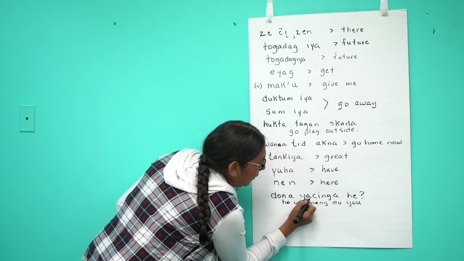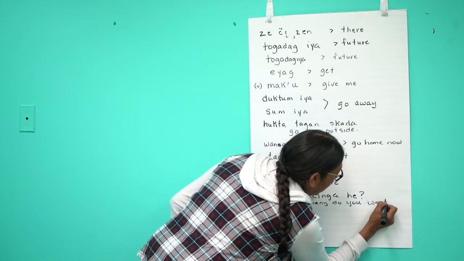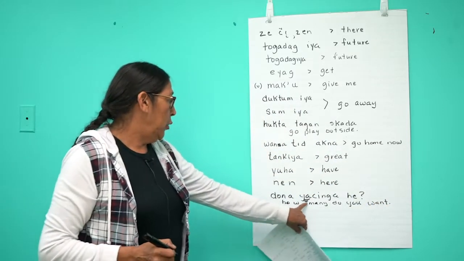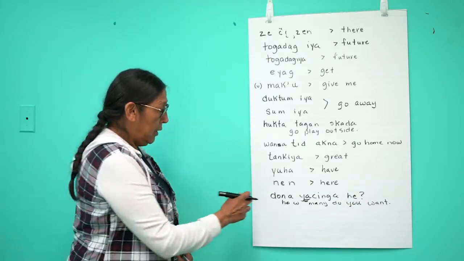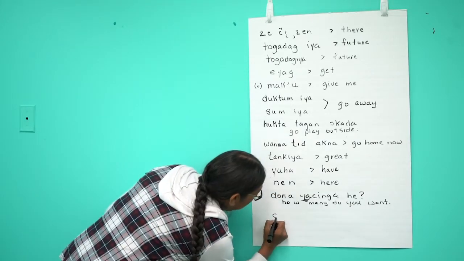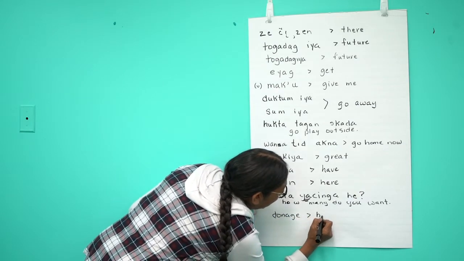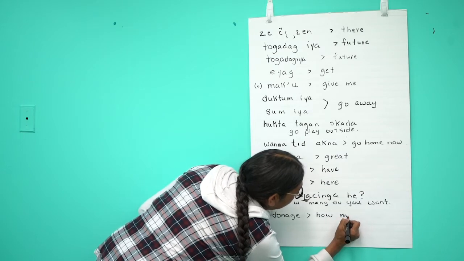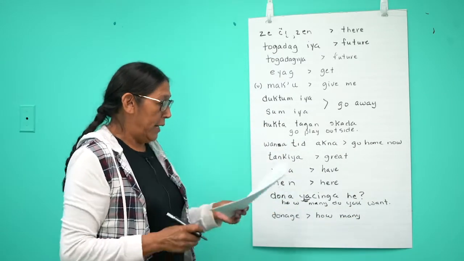See this? I'm asking you, making it you. Dona ya chinga hai. How many do you want? Donag. As dona, donag. And that is how many. Dona ya ching, donag. How many?